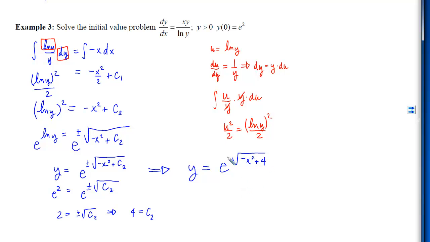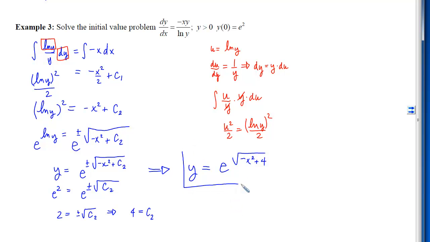Now some people will put plus or minus here, and they would be wrong, because if you have a plus or minus here, then for any single input you'll get 2 outputs, which means that y would not be a function. So we have to choose the branch that passes through the point. And because the point had a positive 2 as its exponent, we're going to use the positive root as opposed to the negative one.